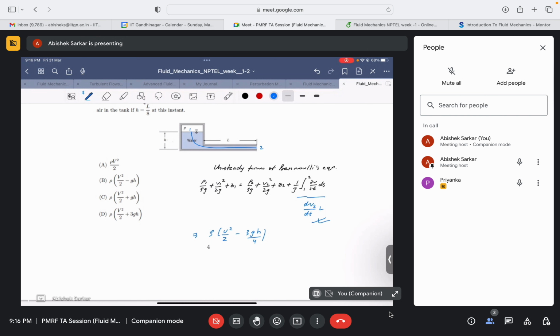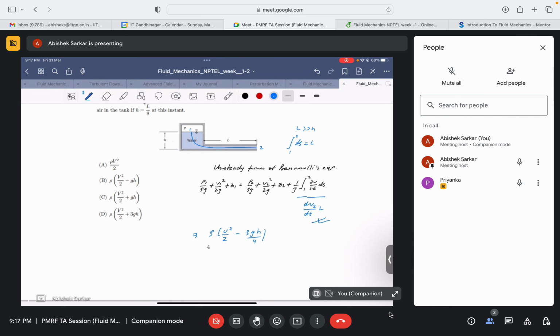Then if we assume that the length is much larger than h, I'm assuming, then we can neglect this part of the streamline, right? Yes, sir. Then ds should be ideally equal to L. Integration of ds from point 2 to 1 should be ideally equal to L. Yes, sir.